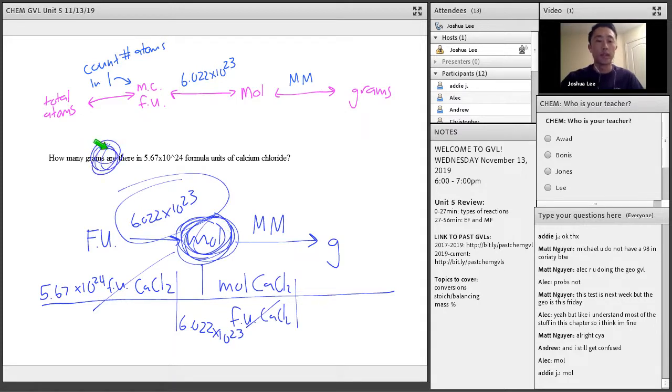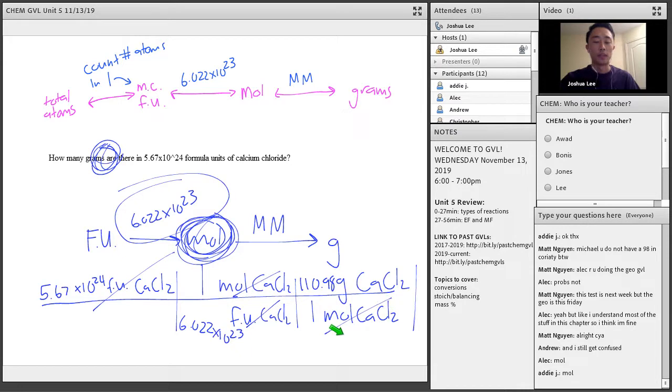But I eventually want to get to grams. So next stop, I have to get rid of these moles, so I put moles on the bottom. And I want to go to grams of CaCl2. Mr. Mole's by himself, so I could put a 1 there. Then I have to add up calcium and 2 chlorines. That is the molar mass.